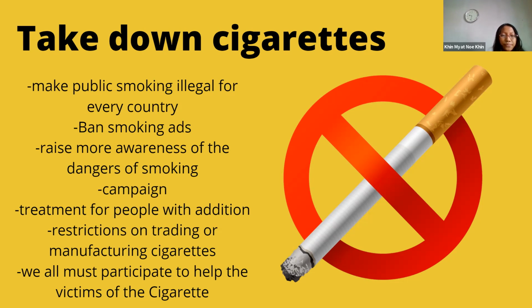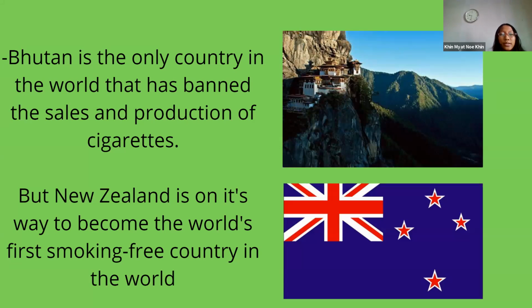And you know, there is a country which totally banned smoking. It is Bhutan. Bhutan is a small Himalayan nation often called the land of the thunder dragon. It's the only country in the world that completely bans the sales and production of tobacco and tobacco products.